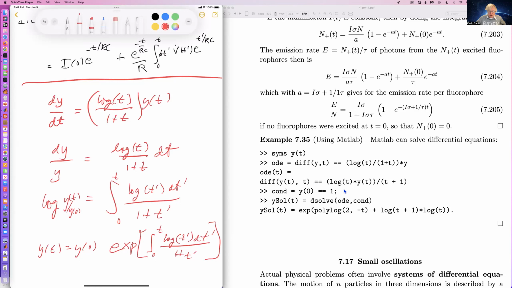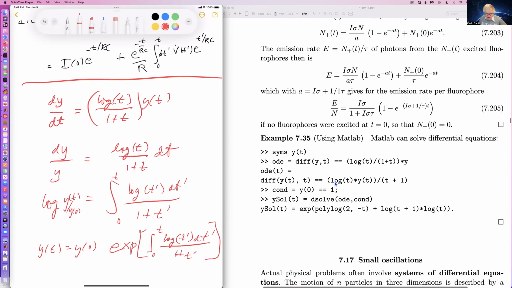And so when you say this to MATLAB, it then replies ODE of t is this, and double equals means human equals, so to speak. And you say a condition y of 0 is going to be 1, and then you say ysol of t, this is just your name for the solution, is dsolve of ODE, cond, this with this boundary condition, and it does the integral.